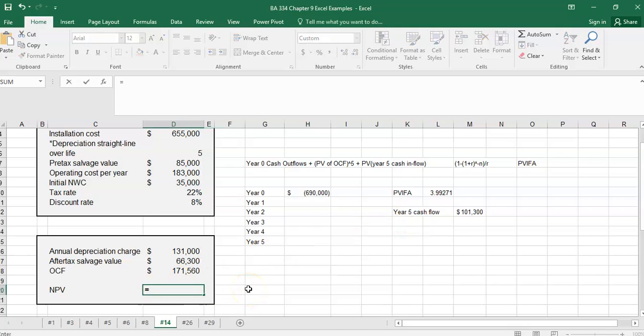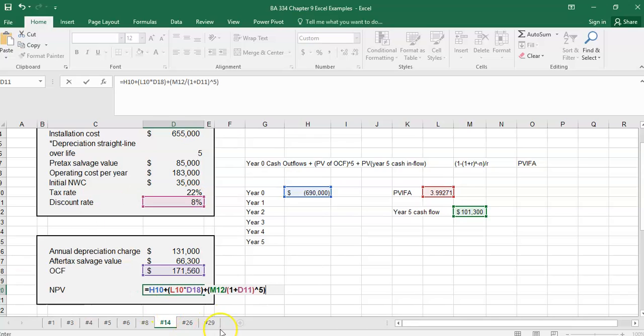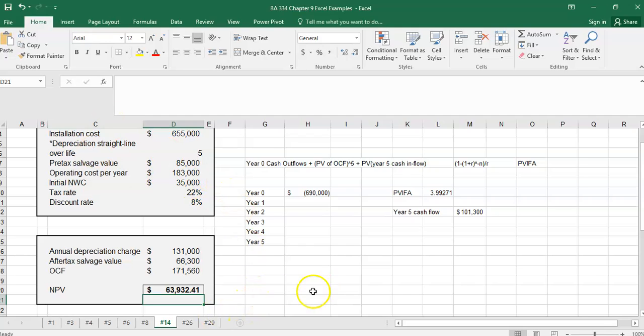So our net present value is year 0 plus our factor times our cash flows plus our year 5 cash flow divided by 1 plus the rate to the power of 5. Okay, and that is our net present value.